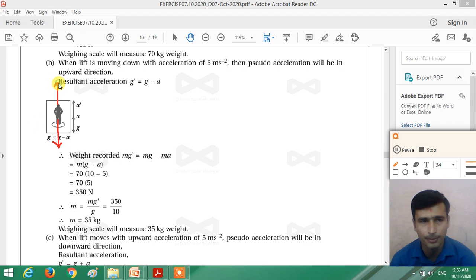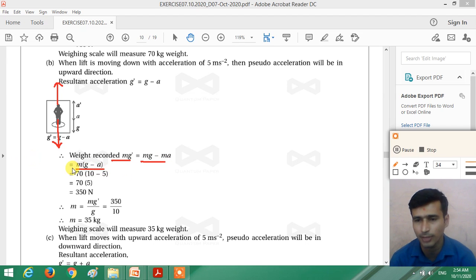So the weight of the person is decreased by ma. So the weight recorded by the weighing machine is W equal to mg minus ma, or we can say m into g minus a.